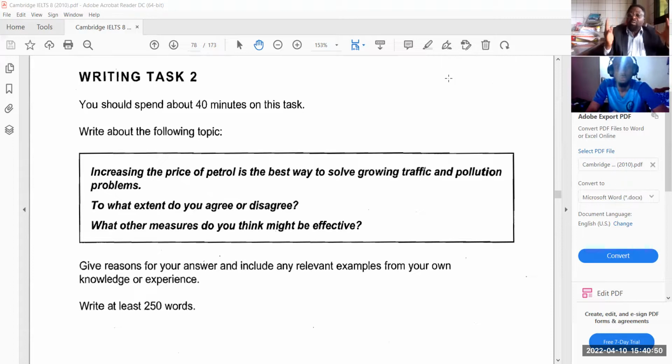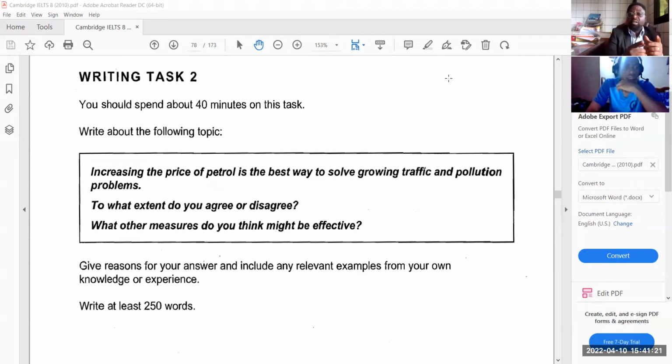And so paragraph 1 of the body will be for me to show that the pollution created by cars, vehicles, is insignificant as compared to pollution created by factories and other reasons.